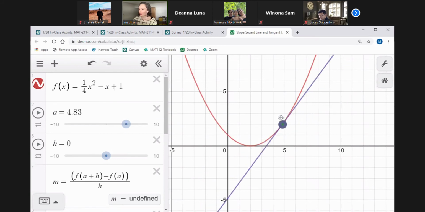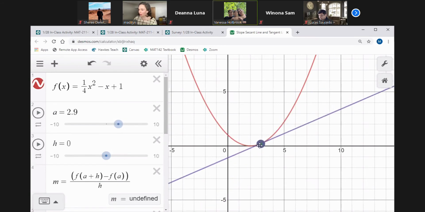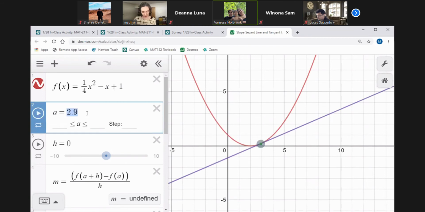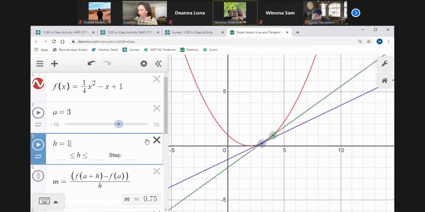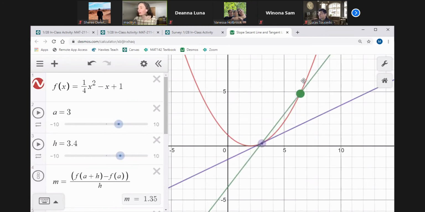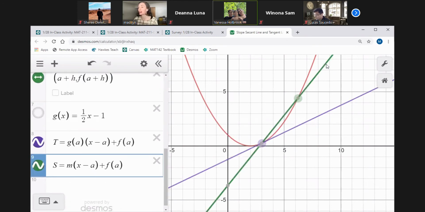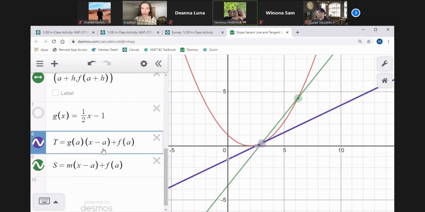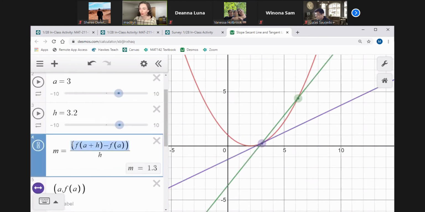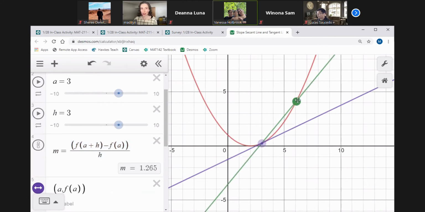If we know how to find the slope of the secant line, but we want to know the slope of the tangent line, we can think of it as, well, it's the average rate of change when h is 0.